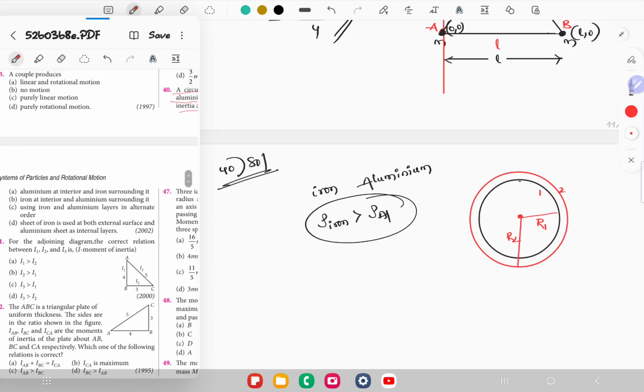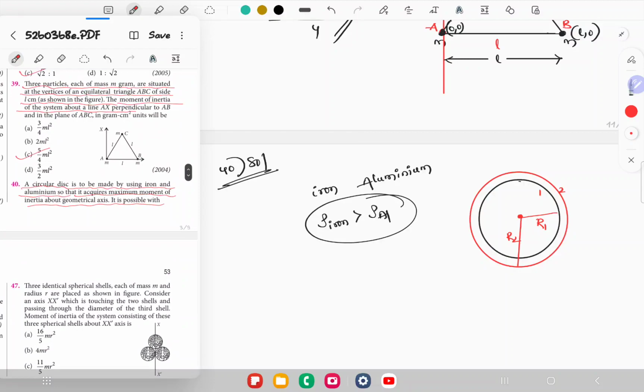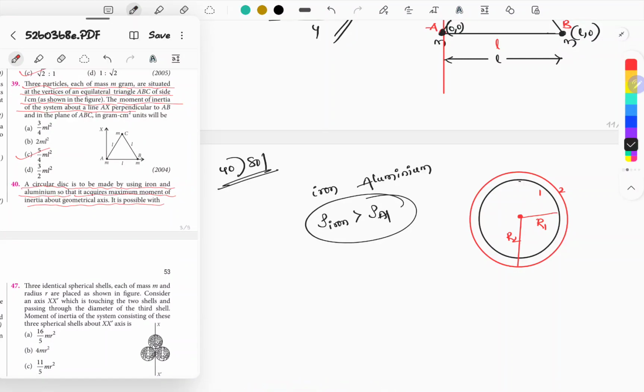Now observe, to get maximum moment of inertia. Generally, what's the moment of inertia formula? I is equal to m r square by 2 for the disk, right? Can I say I is directly proportional to m, and at the same time directly proportional to r square? So to get maximum moment of inertia, mass and radius should be greater.